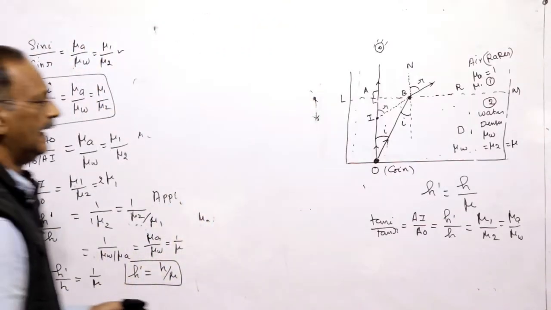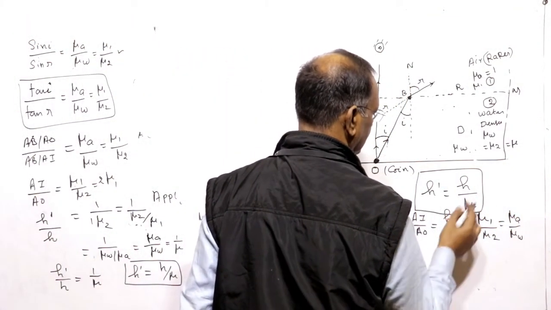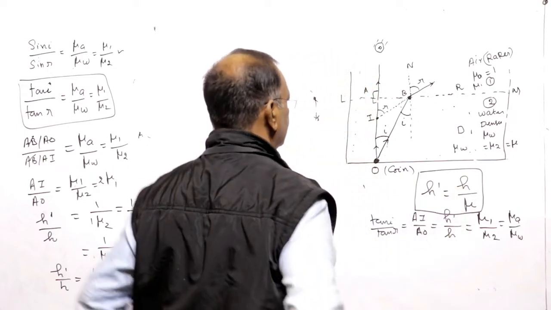First expression: the apparent depth of the object is given by h dash is equal to h by mu.